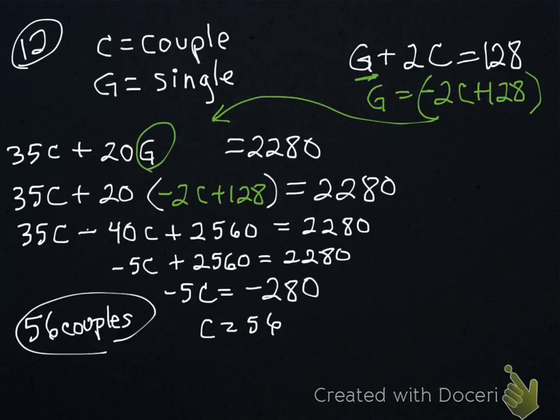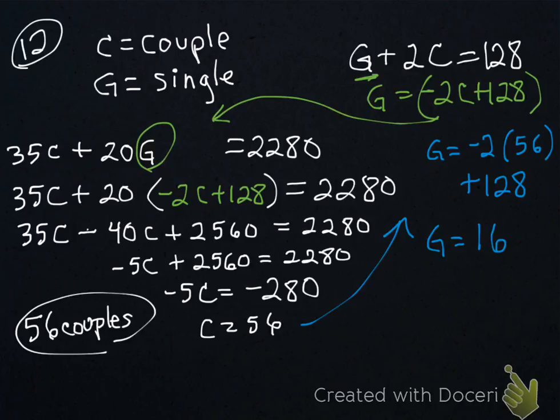So we're going to have to take that 56 and plug it in. So G was equal to negative 2 times my couples, which is 56, plus 128. When I put that in my calculator, I get 16. So there were 16 singles.